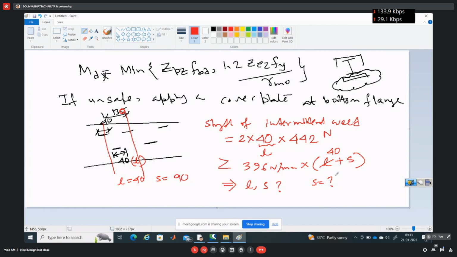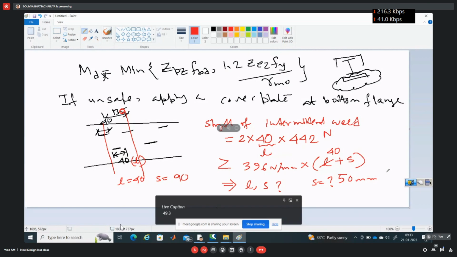Two into 40 into 440 by 396 minus 40. That is coming as 50 mm. 49.3. Yeah, 50 mm.